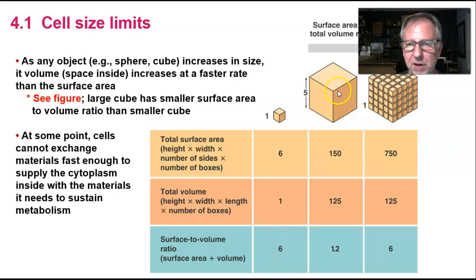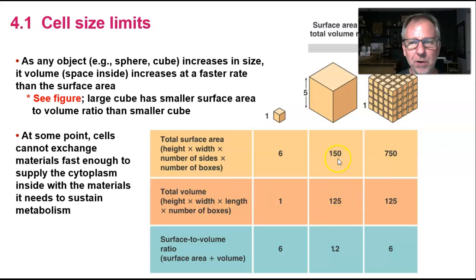Now let's do the same thing for the big cube. The big cube has dimensions of 5. So if you plug that number 5 into the formula for surface area, the big cube has a surface area of 150. And you plug that number 5 into the volume equation, the volume is 125.